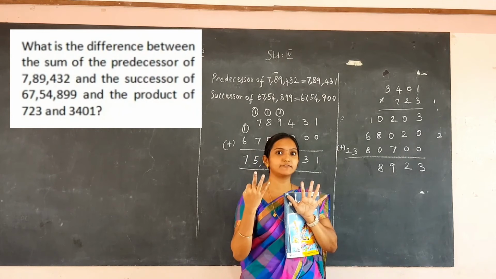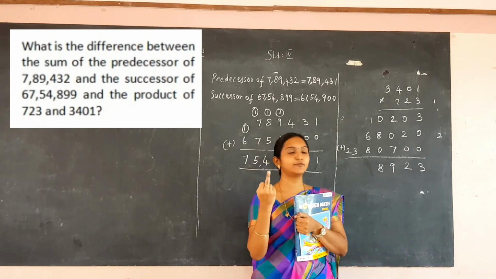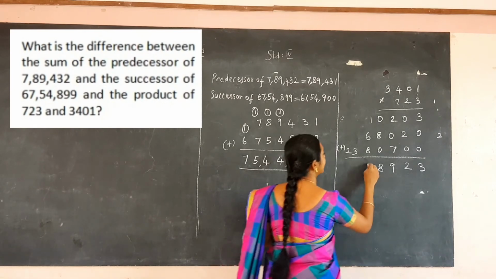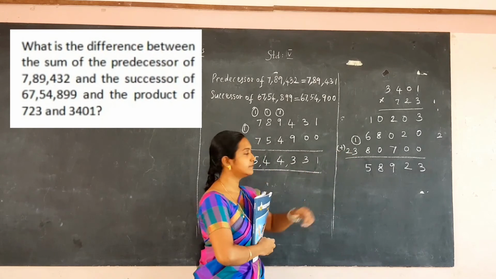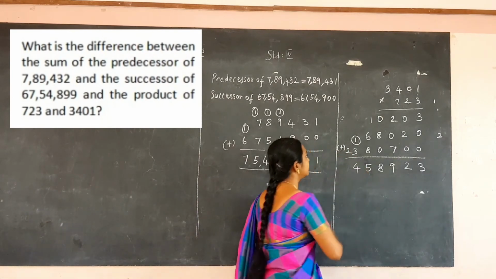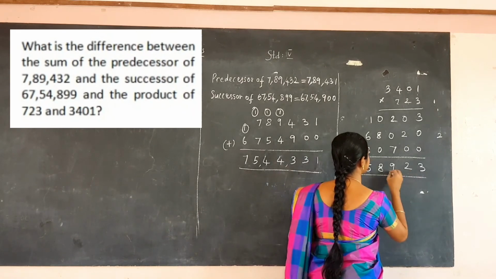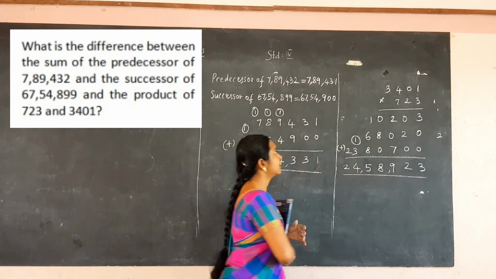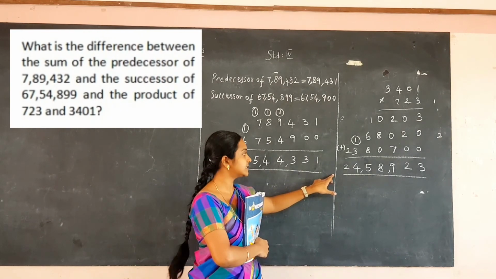Now start counting from 7. 8, 9, 10, 11, 12, 13, 14 and 15. Write 5 here and carry 1 to next place. 3 plus 1 will be 4. Here we don't have any number, so write 2 as it is. Now we have got the product of 3401 and 723.